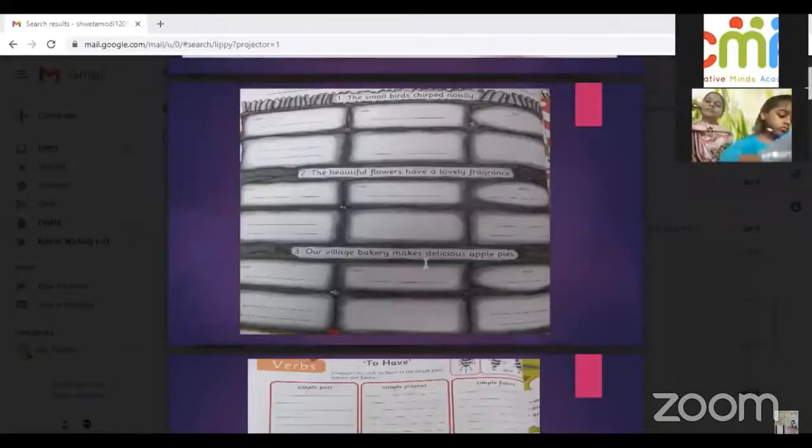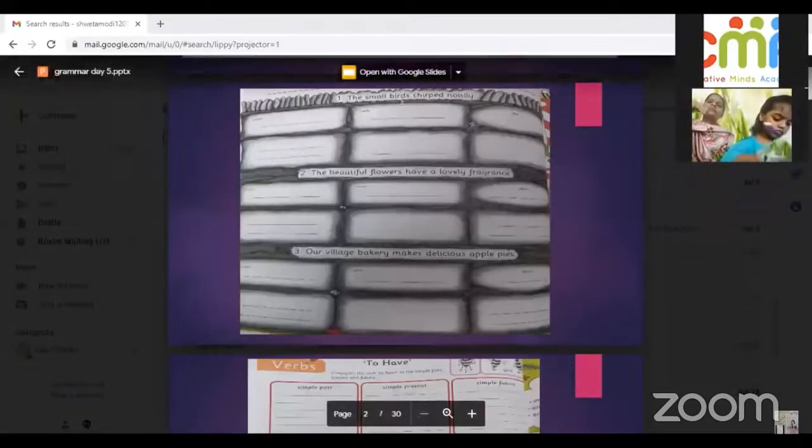Okay. So the first sentence is: The small birds chirped noisily. So here the subject is birds, right? So the subject will come here. Now the small. Can you tell me what is the small? Small is an adjective. So anything which describes this subject will come here.